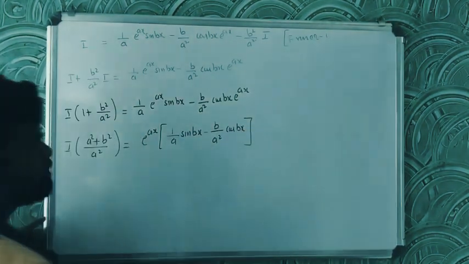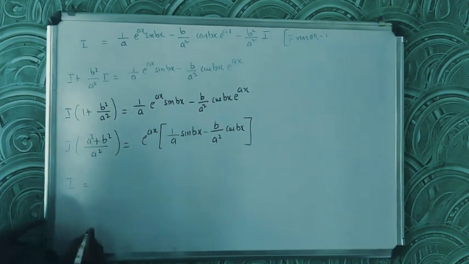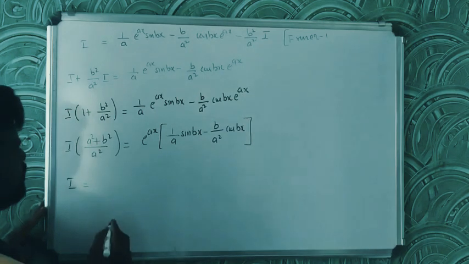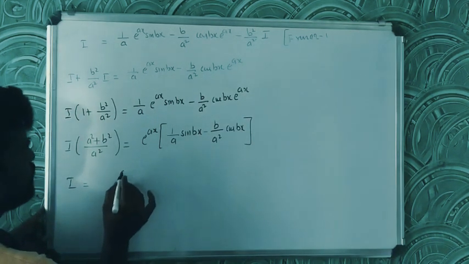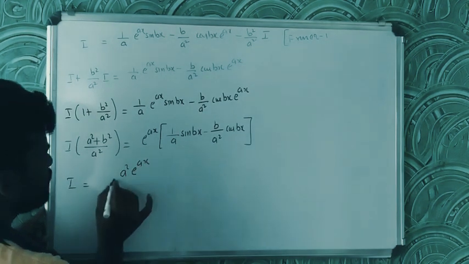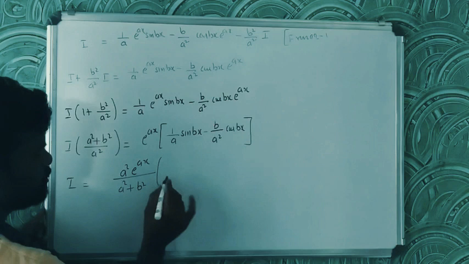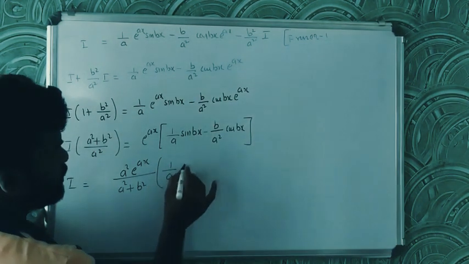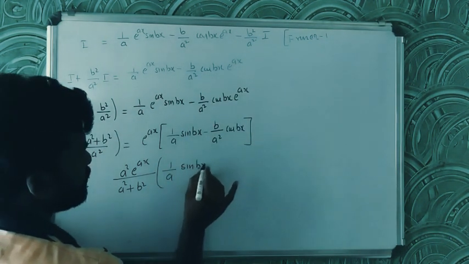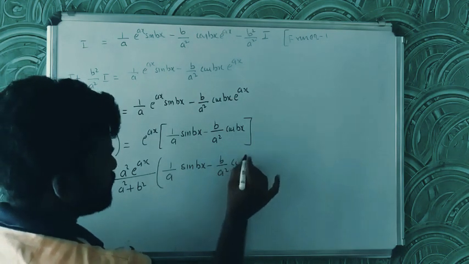So I is equal to the reciprocal of the fraction: a square e power of ax by a square plus b square into 1 by a sin bx minus b by a square into cos bx.